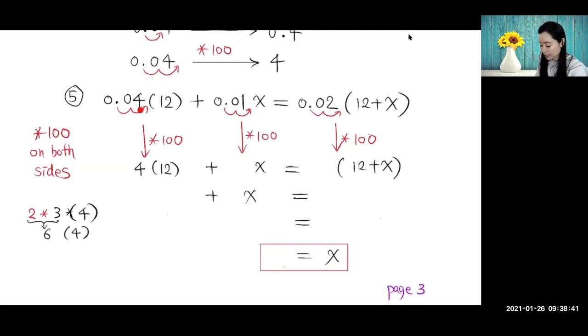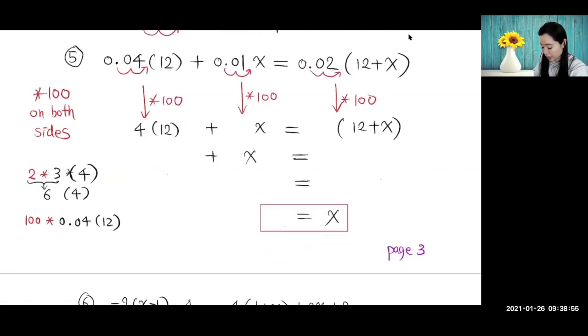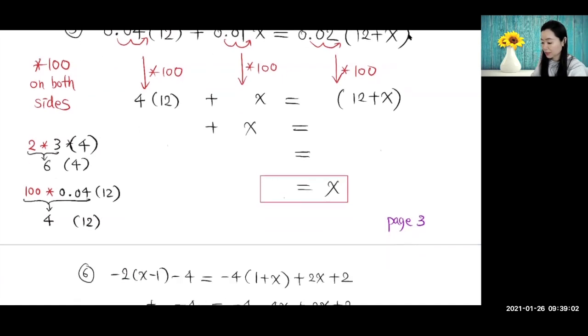So similar here, when you have this 100 times this 0.04 times 12, then 100 times this will give you 4, and then later you just use the 4 times the 12.